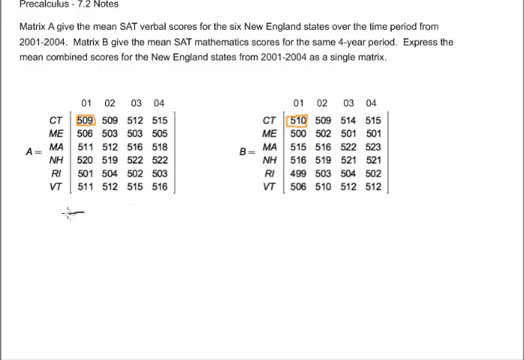So when you're looking at your new matrix, A plus B, that's going to be equal to 509 plus 510. And you do that then for the first row, second column, or second row, first column. So 506 plus 500. And you do it for the third row, first column. 511 plus 515.